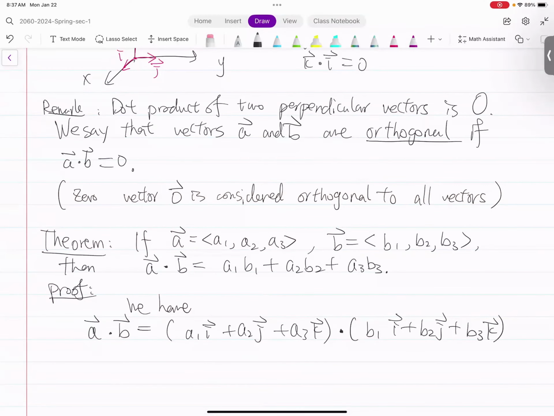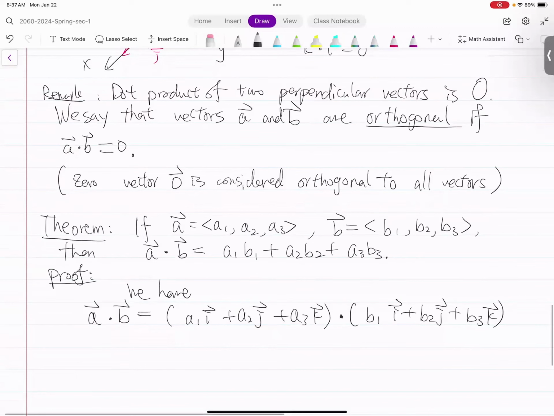In the first step we can distribute the first bracket, so we can write it in terms of three parts. A1 I dotting with the rest, the entire B.